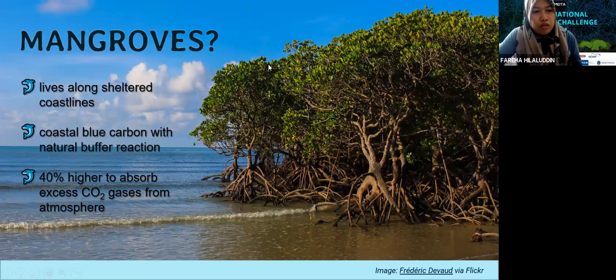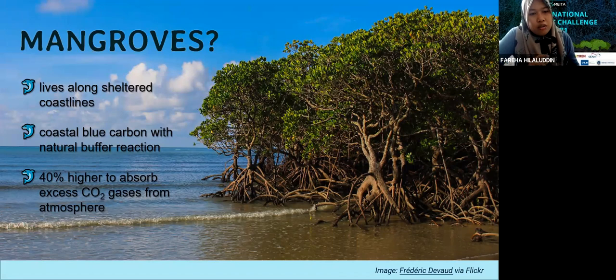So what are mangroves? Most of us know that mangroves live along sheltered coastlines, which is a diverse and most productive ecosystem, ecologically connected between the terrestrial zone and the seaward zone.